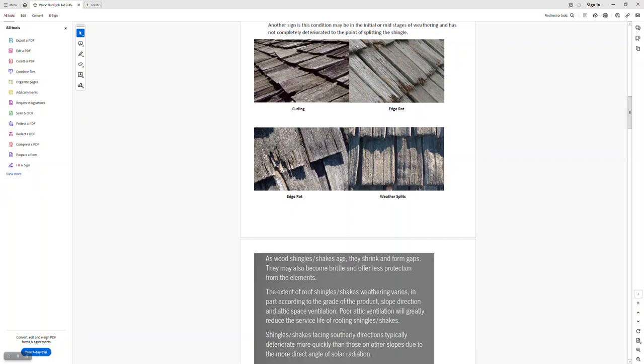Another telltale sign is, if you get your camera down or get your head down and look at the profile on the surface of the shake, typically you will see a drop in a weather split right down into the split. If you watch my cursor here, you'll see a drop down in.